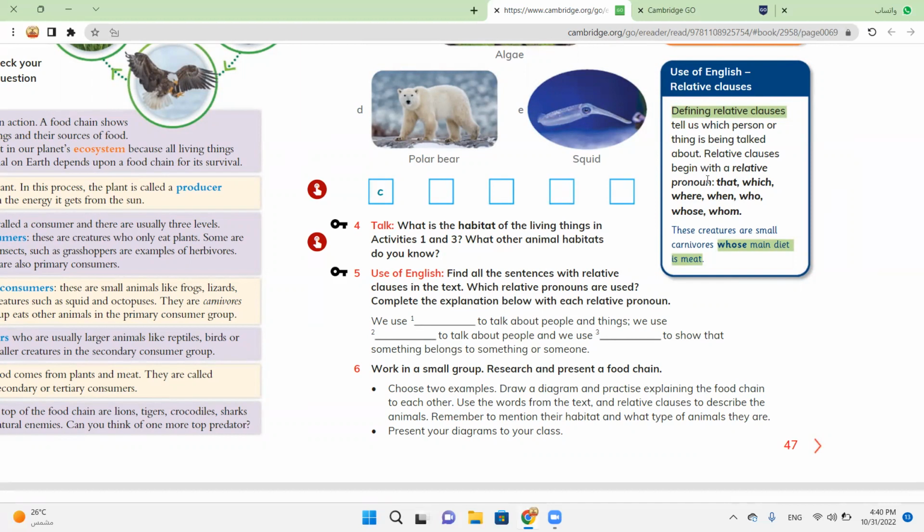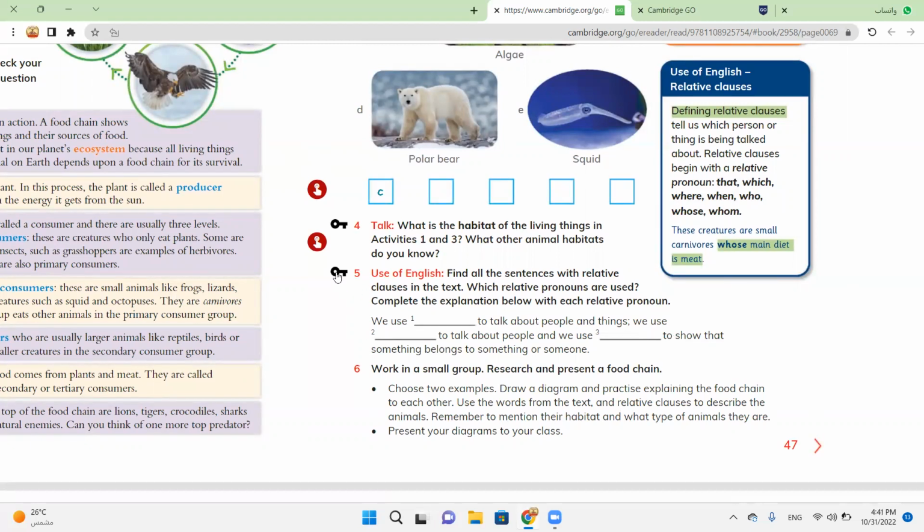So we have 1, 2, 3, 4, 5, 6, 7 relative pronouns. And which one do we use to talk about people and things? That, which, where, when, who, whose, whom. Number 2, we use it to talk about people, and number 3 we use to show that something belongs to something or someone.